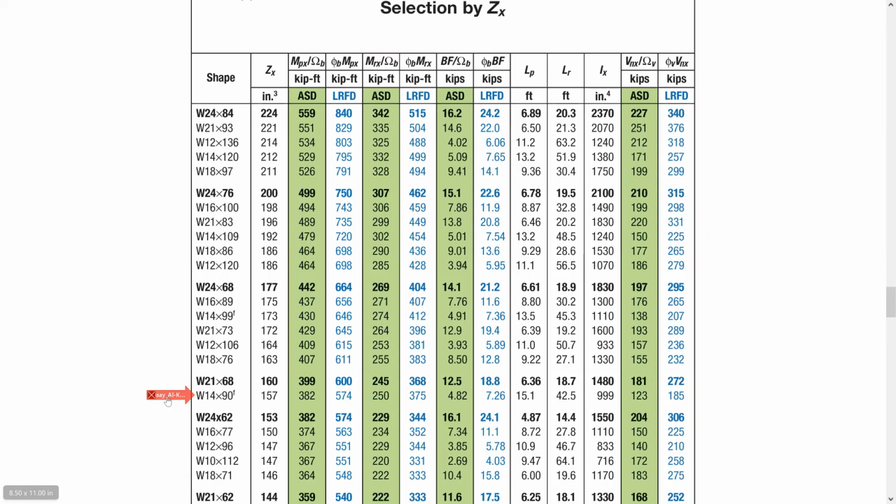If you look at this one, this is the shear for the ASD method, the nominal strength divided by the safety factor, in kips, and here is for the LRFD method in blue. So it's 123 as we got it, and here it's 185 as we got it. Just compare these values with the maximum shears and you will get them directly. So you don't need to do the whole calculations that we did unless I ask you to.